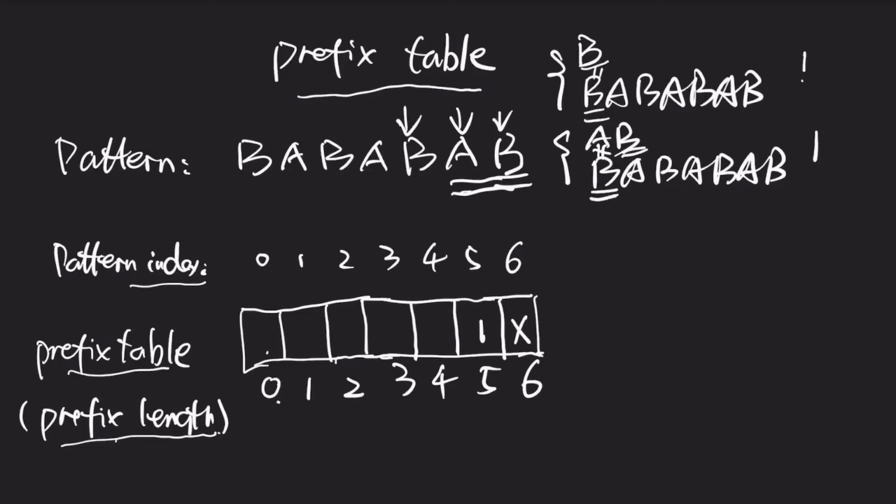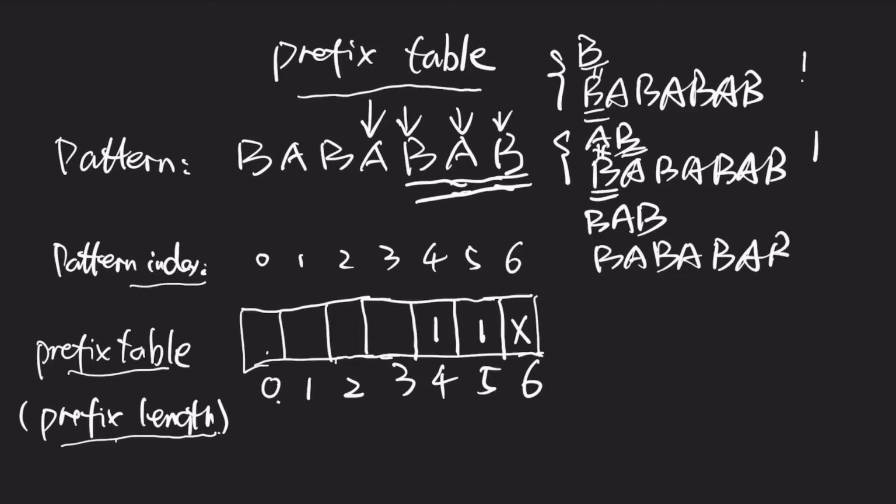And if the mismatch is here, then the suffix is BAB, and we compare BAB with BAB, and B is equal, so the length of the suffix that is the same as the prefix should be 3.